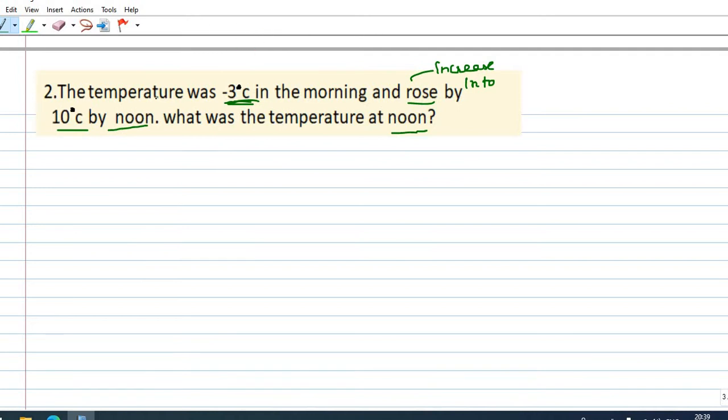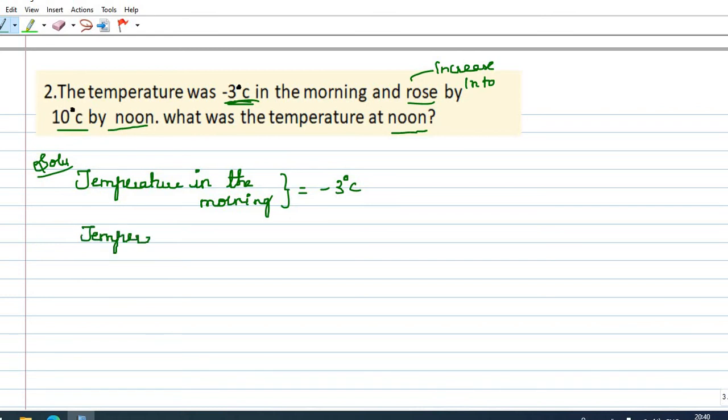Listen children. See, solution. Temperature in the morning. What is given in the question is minus 3 degrees Celsius, and temperature rose is equal to, what is that? 10 degrees Celsius.